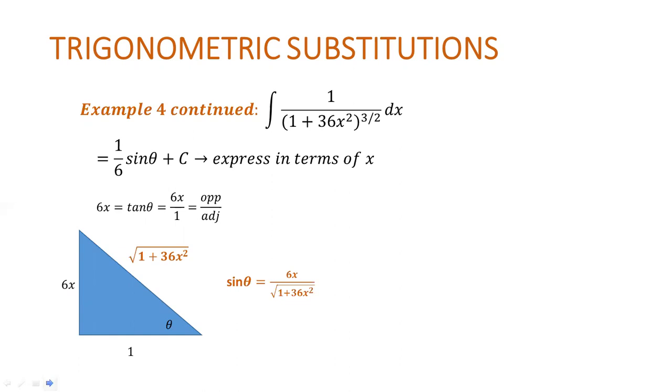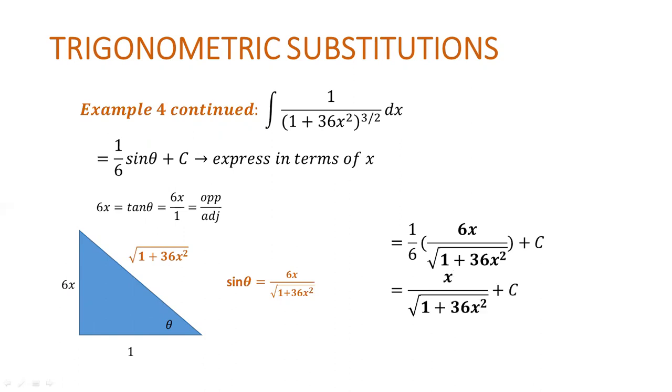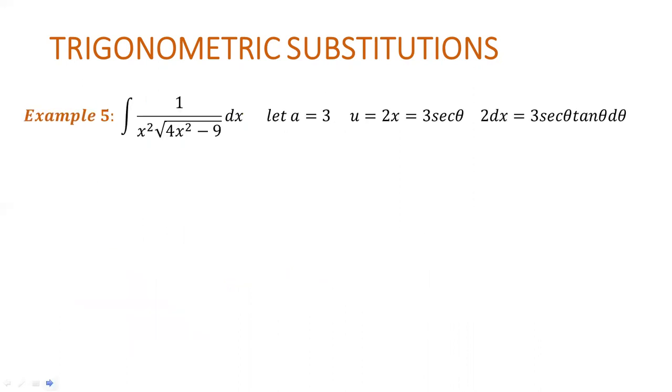If we substitute, you have 1/6 times 6x over the square root of 1 plus 36x squared plus c. If we simplify, you can cancel the 6 and the 6, and you will have only x over the square root of 1 plus 36x squared.